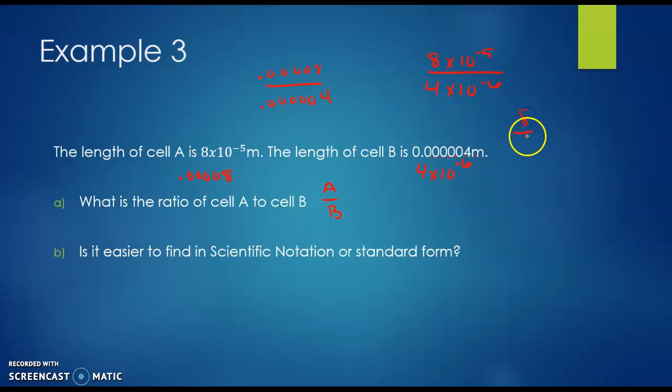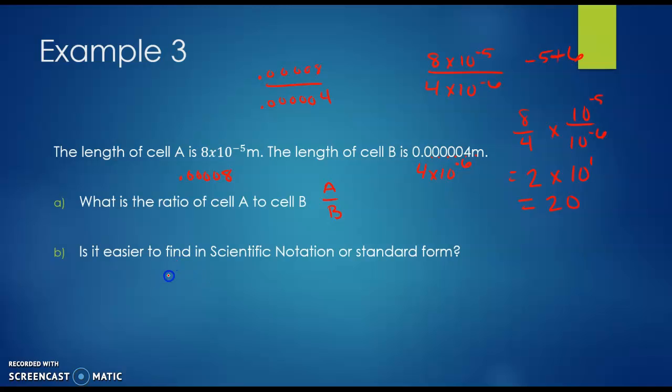Here I can do 8 divided by 4 times, and then 10 to the negative fifth divided by 10 to the negative sixth. 8 divided by 4 is 2, times 10 to the power of negative 5 minus negative 6, so that becomes plus a positive. 6 minus 5 is 1. 6 is bigger, and it's positive, so it's a positive 1. And 10 to the first power is 10. So it is a 20-to-1 ratio.